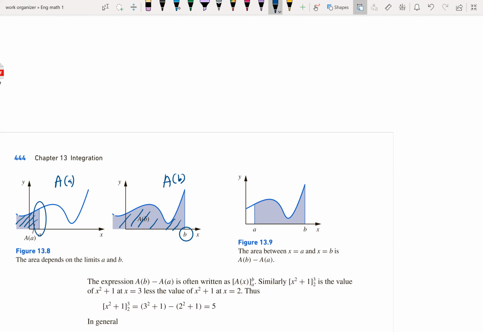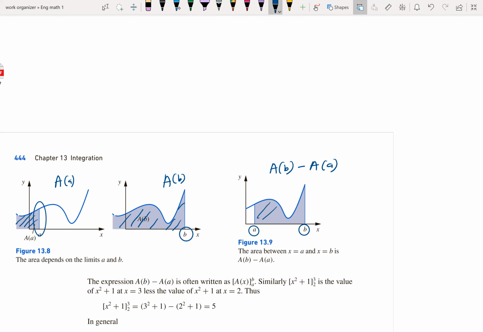If we want to find the area between a and b, what we have to do is b, the upper limit, upper always on the right, the highest number, minus a.